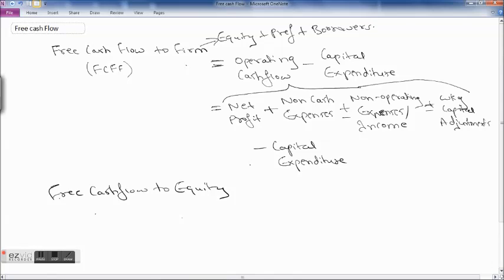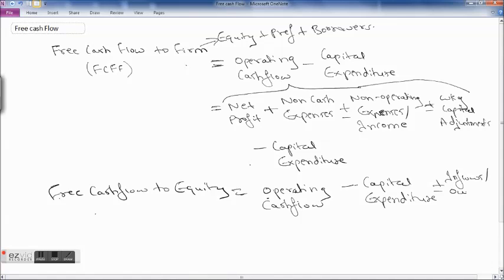When you say free cash flow to the equity, the formula will be your operating cash flow, minus capital expenditure, plus or minus inflows and outflows from debt.